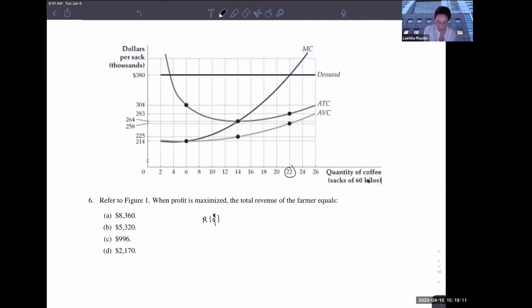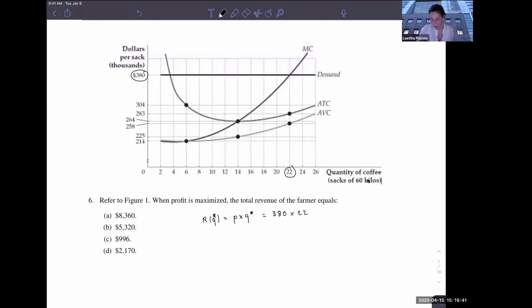So this is P times Q star. What is P here? Well, P is given on the graph. It's 380. And what is Q star? We found it in the previous question. It was 22. So here total revenue is 380 times 22.